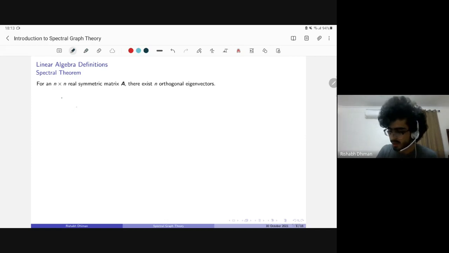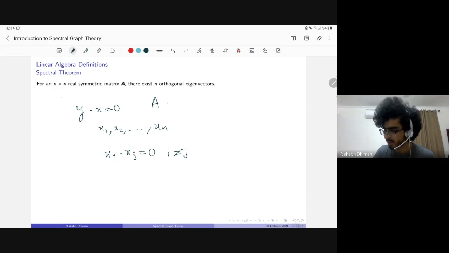Here by orthogonal, I mean their dot product will be zero. So if A is some real symmetric matrix, you will have vectors x1, x2, xn such that all of their dot products are zero as long as i is not j. And on top of that, A xi is equal to lambda i times xi for some lambda i in the real numbers.